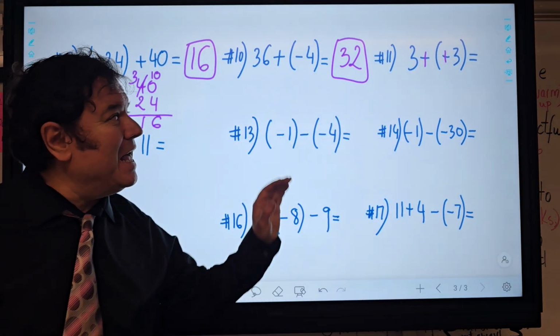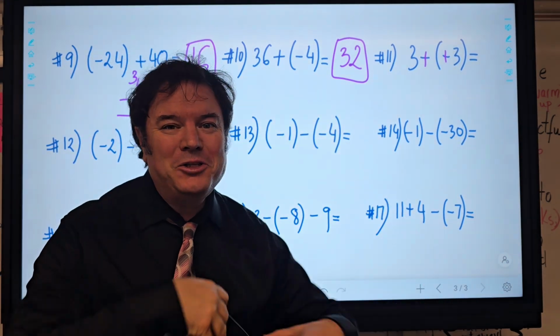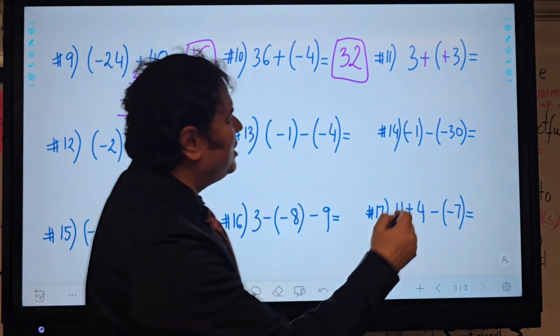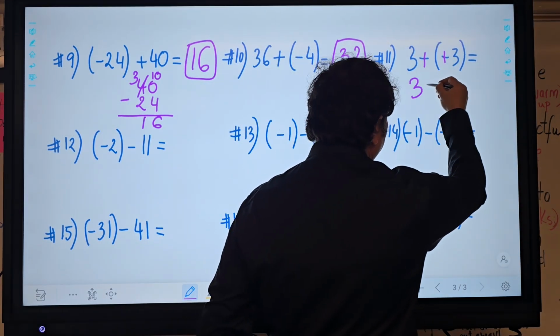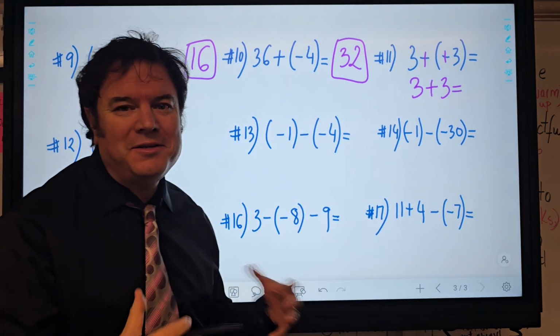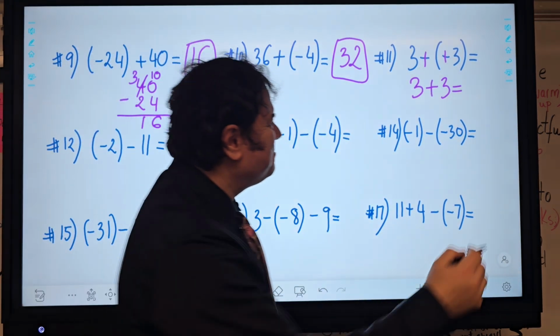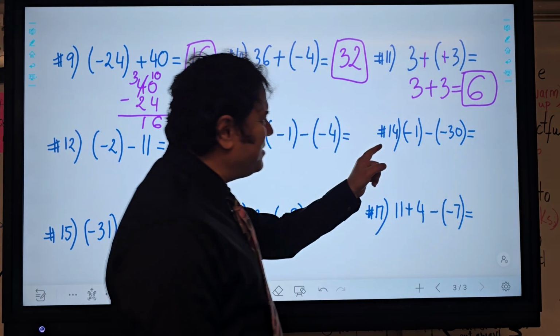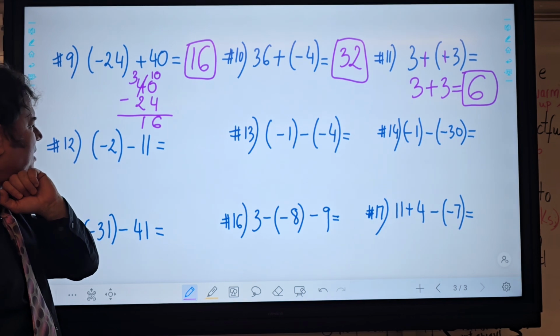Which means that both negatives turn into a positive. So now the problem becomes 3 plus 3. And we know that 3 plus 3 is 6. Final answer. Remember that. Two negatives next to each other become a positive.